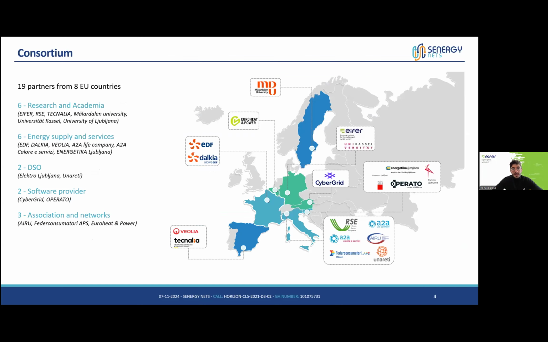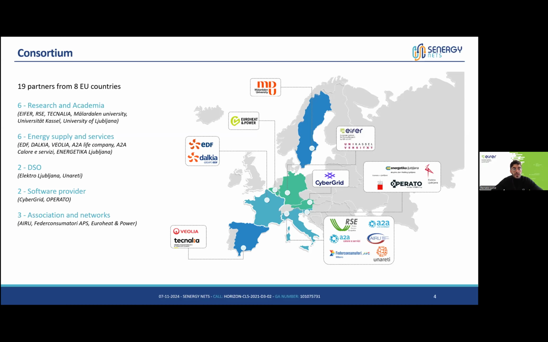As I said, here you can see a sort of map of the consortium members. It's pretty spread around Europe, and we're really happy to have a very heterogeneous consortium. You can see that we have several research and academic entities, and energy supply and services. We also have 2 DSOs in the consortium and 2 software providers.